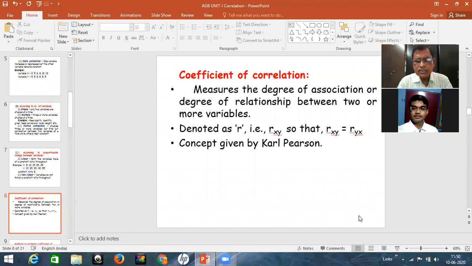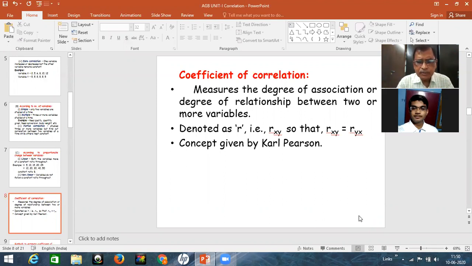Rxy means it is the correlation between x and y variables. We can write rxy or ryx, whatever it may be, but the magnitude of both rxy and ryx are equal. So this is a property of the correlation also.